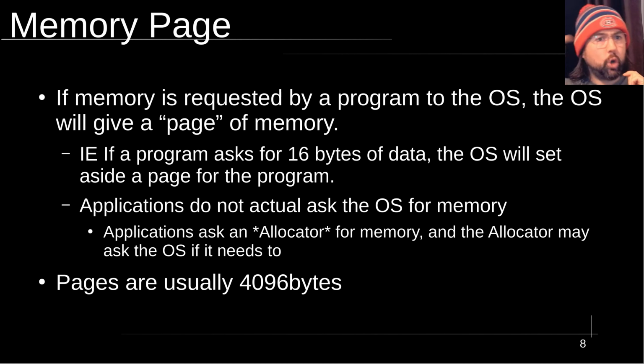Now, the level 2 about this is that your program does not actually ask the OS for memory. What your program does is it asks an allocator for memory. And then the allocator, if it needs to, will ask the OS for memory. So why this is important: your program needs 16 more bytes of data.